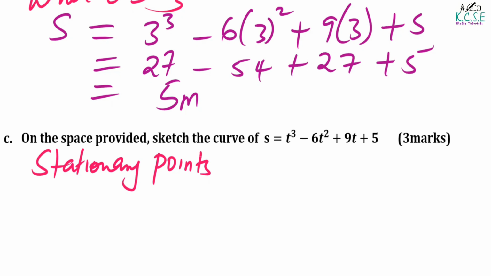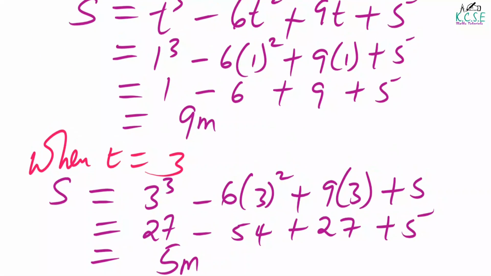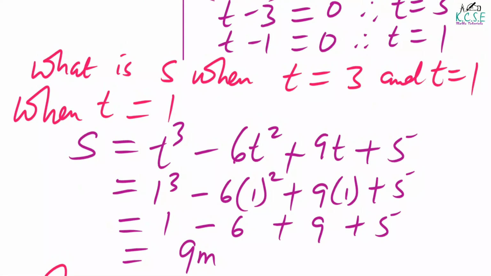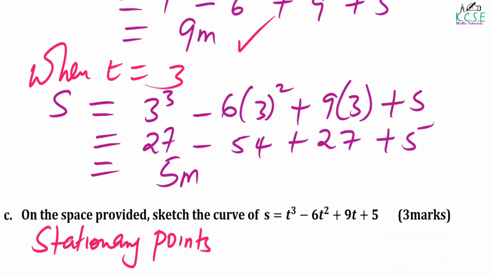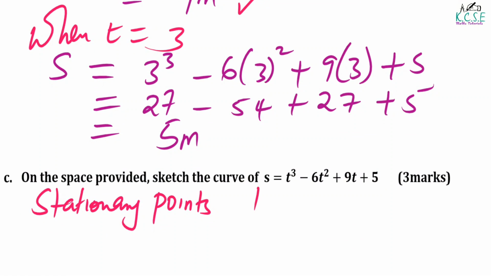This is very important, and the stationary points will be obtained from the previous question. When t was 1, s was 9. So that will be the first stationary point. When t was 1, s was 9. So (1, 9).